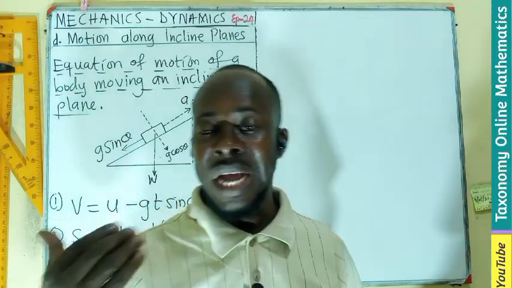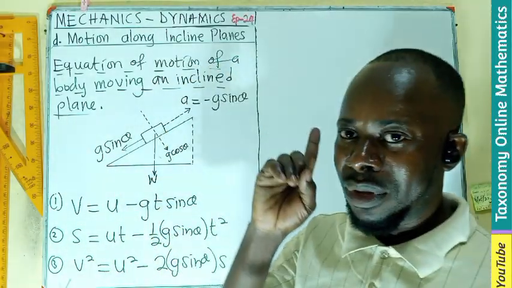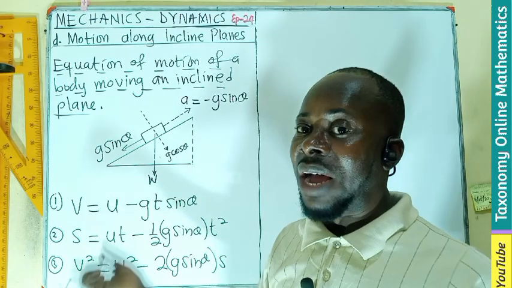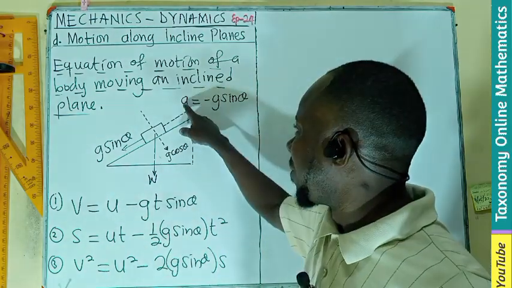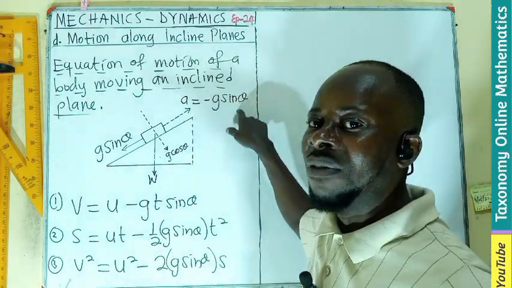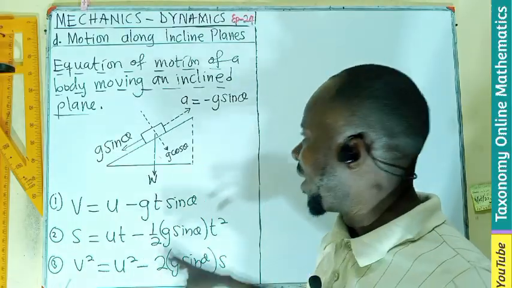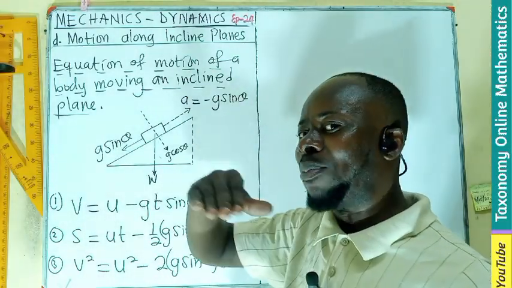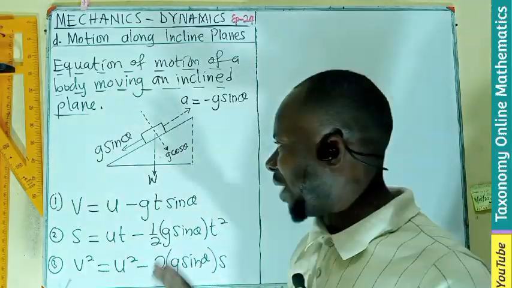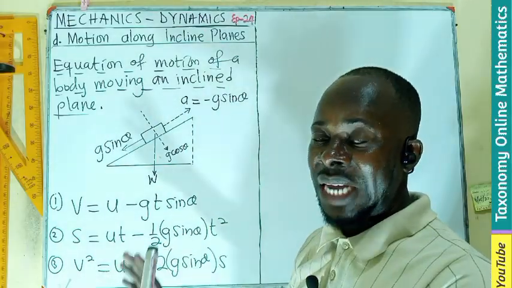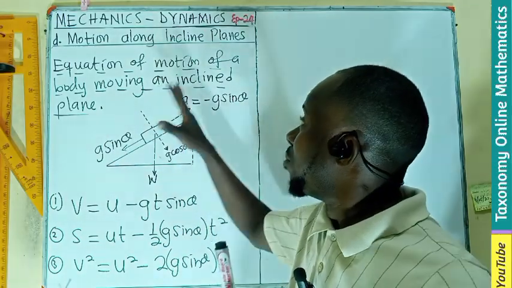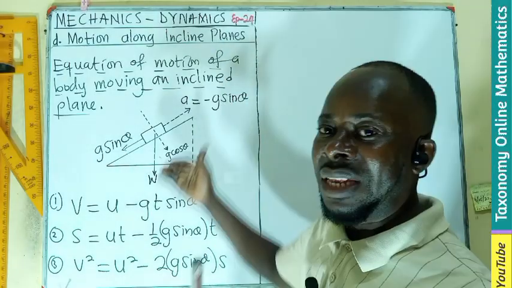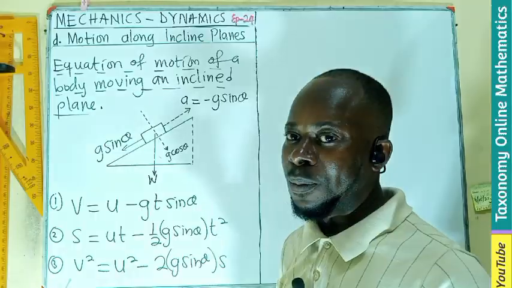So this is to tell you that if the body is moving up, your force of gravity is moving in the opposite direction. Therefore, the acceleration becomes negative of the gravity. And in the inclined plane, the gravity takes the sine of the angle the plane makes with the surface. I believe this gives a clear picture of motion along the inclined plane, moving up the inclined plane and moving down the inclined plane.